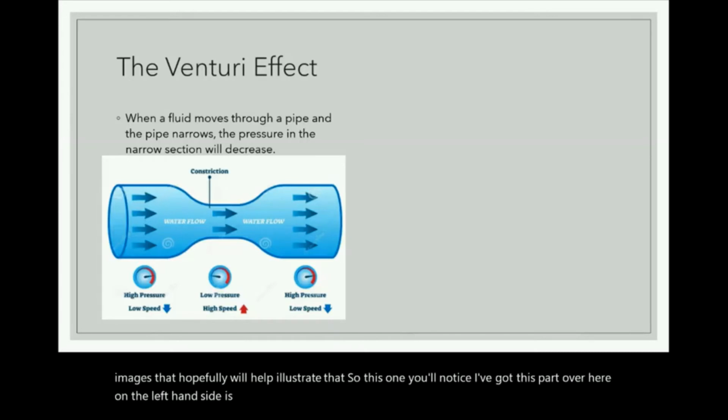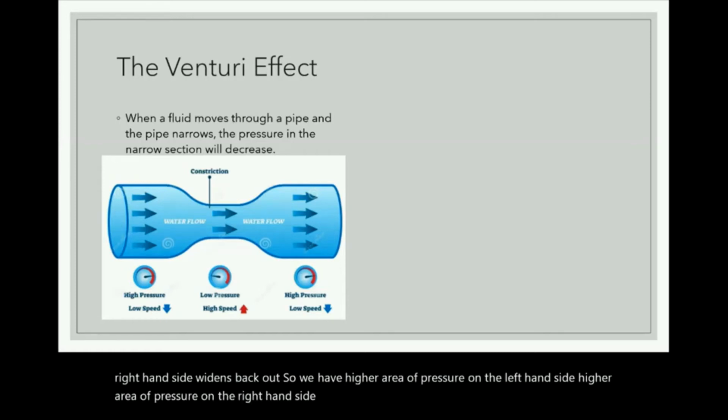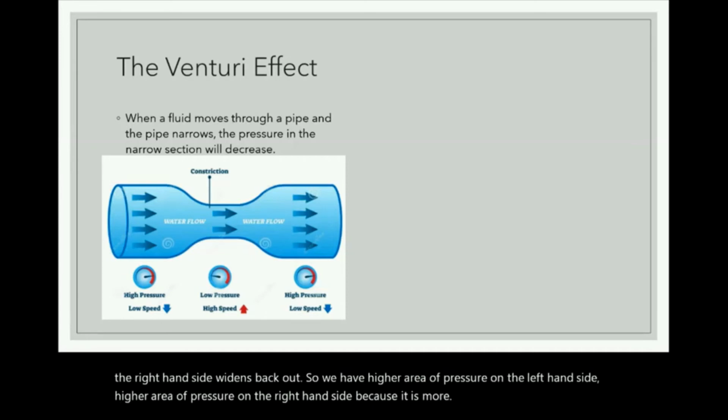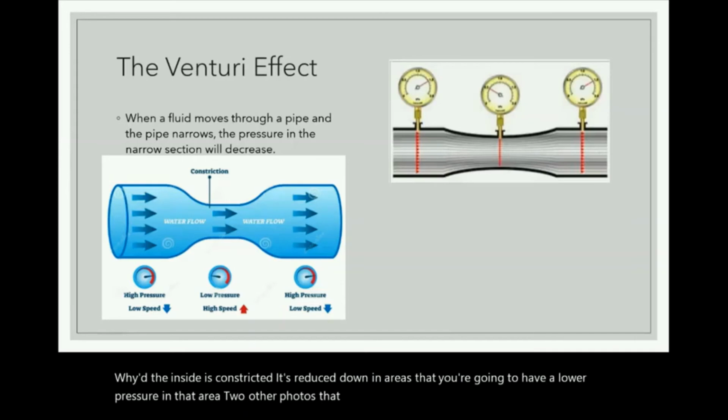The part in the middle narrows, and then the part on the right-hand side widens back out. So we have higher pressure on the left-hand side, higher pressure on the right-hand side because it is more wide. The inside is constricted, it's reduced down in area, so you're going to have a lower pressure in that area.